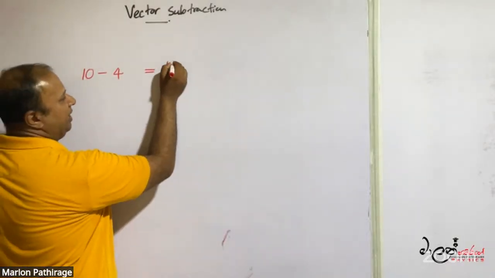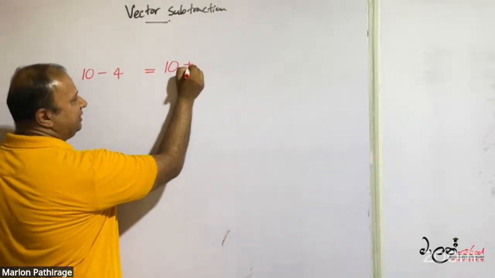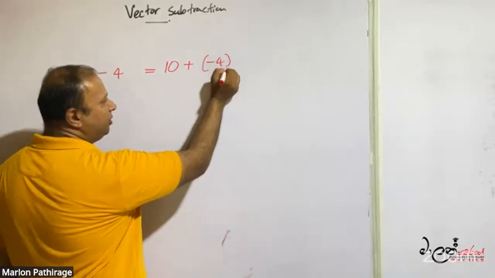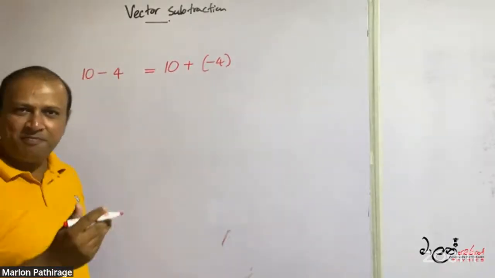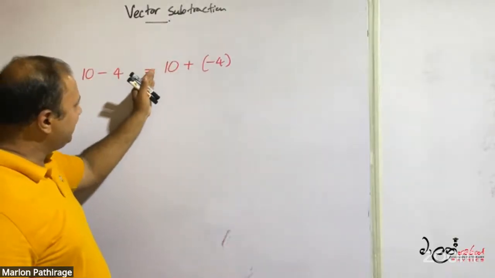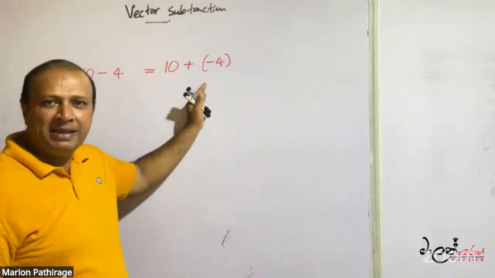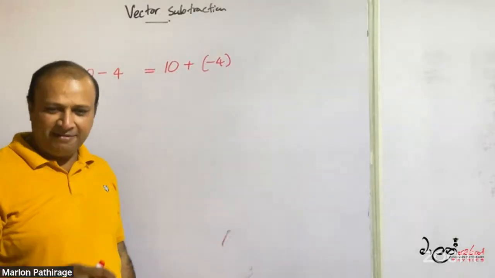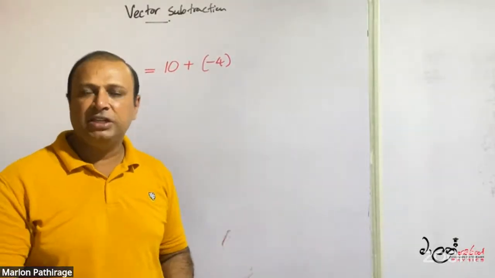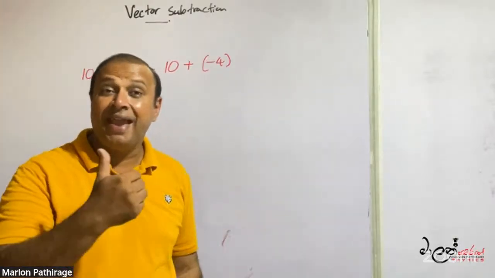You can add 10 plus minus 4. Therefore, 10 minus 4 is equal to 10 plus minus 4. So a subtraction can be written as an addition.